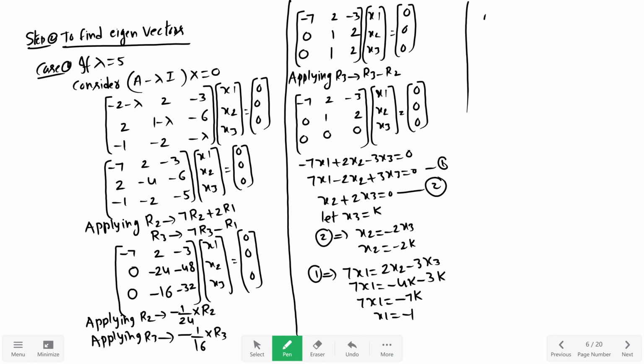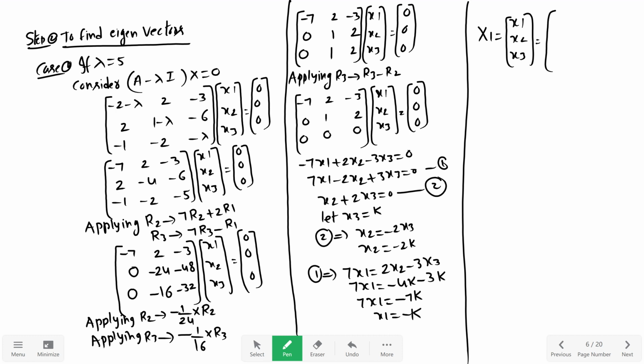Therefore eigenvector capital X1 equal to small x1, small x2, small x3, where x1 is minus k, x2 is minus 2k, x3 is k.